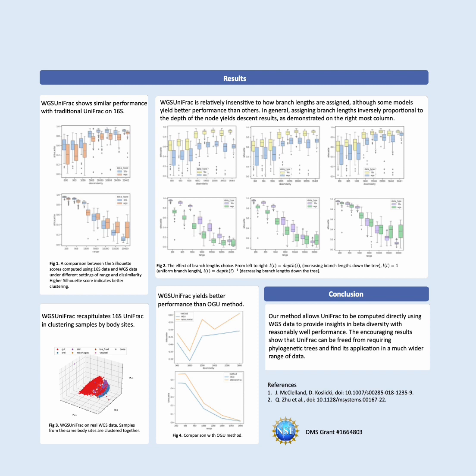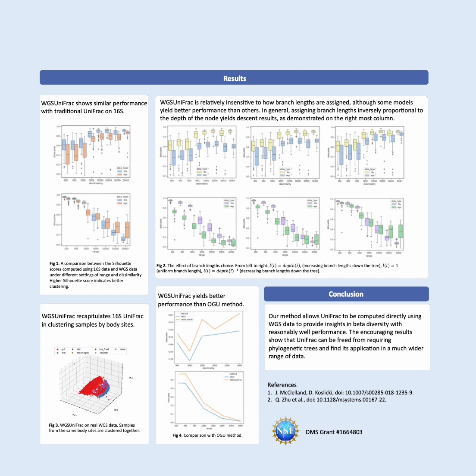In Figure 2, the same experiment was repeated with different branch length assignment methods. From left to right, we have branch lengths increasing down the tree, all branches receiving the same length of 1, and branch lengths decreasing down the tree.